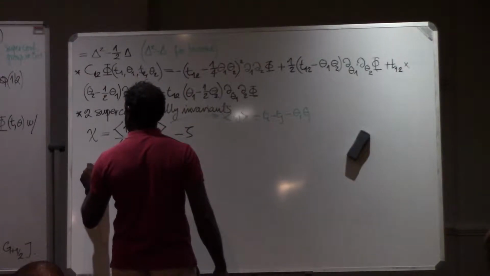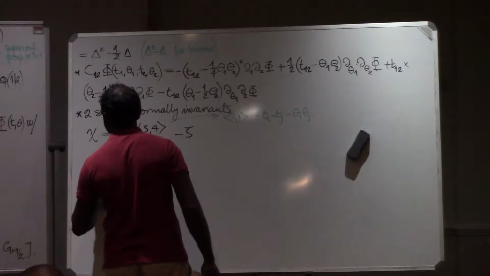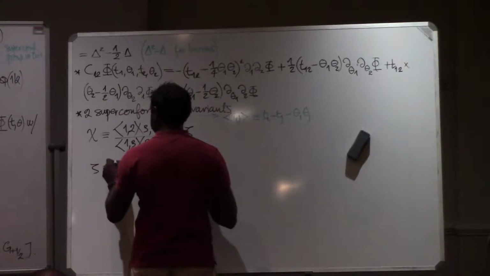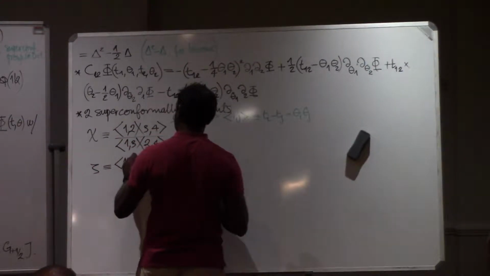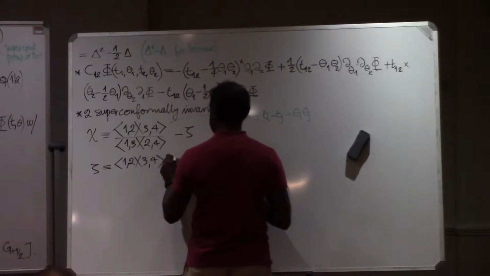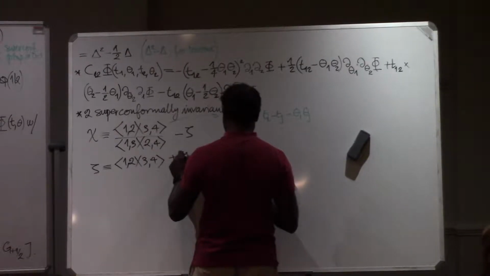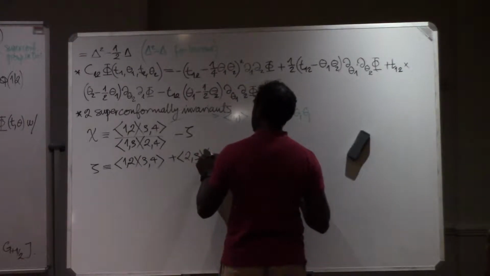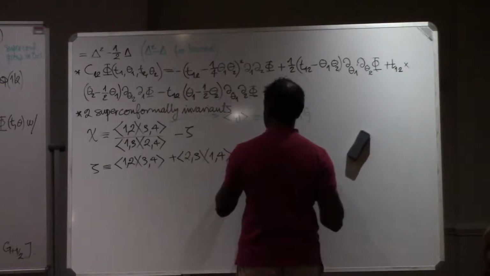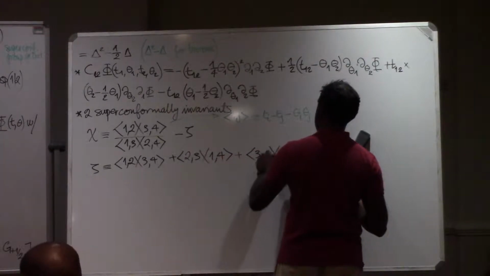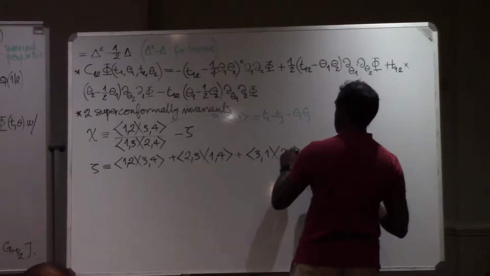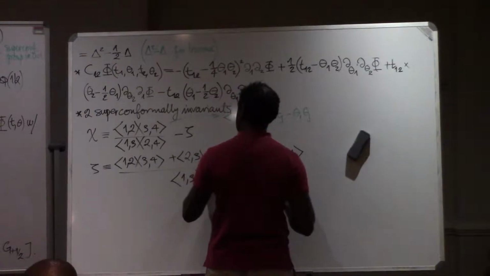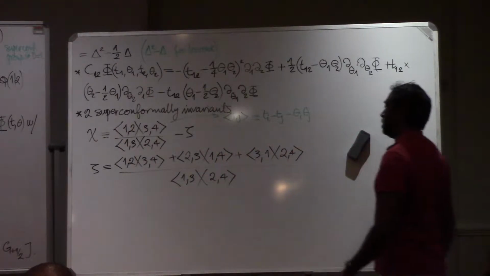And zeta is the second one. This is (1,2)(3,4) plus (1,2)(3,1)(4) plus (3,1)(2,4), all divided by (1,3)(2,4).